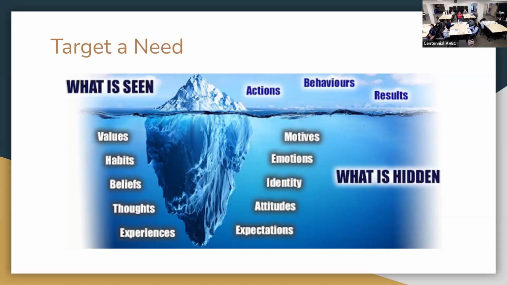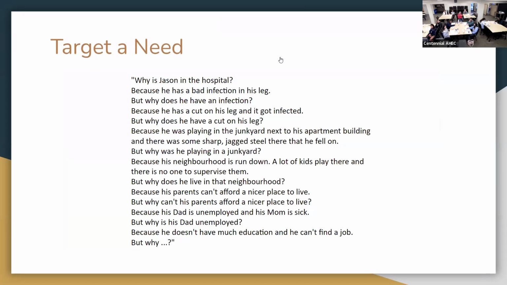When we talk about the needs of a community, we really need to be digging deep and finding what those underlying needs are that explain what we're seeing. A really good example of this is a poem that I found online. I think it's really indicative of what we're talking about.